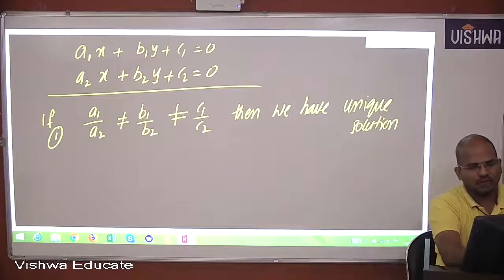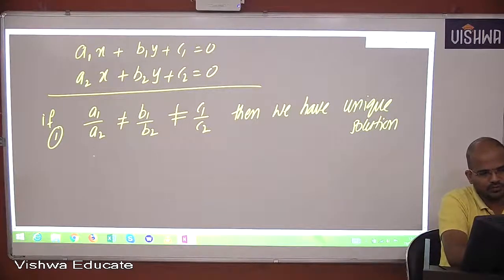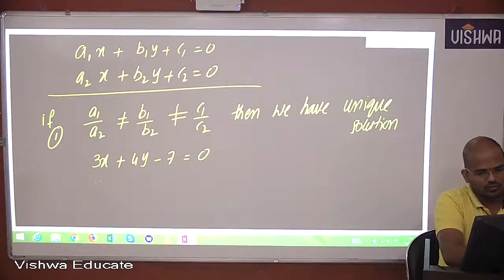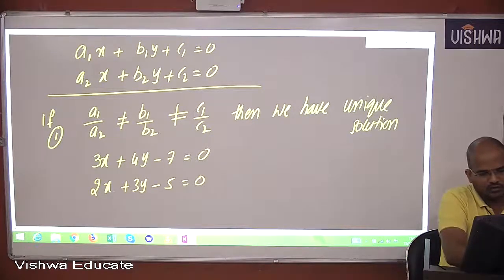Case 1. I'll give you an example, something like 3x plus 4y minus 7 is equal to 0, 2x plus 3y minus 5 is equal to 0.